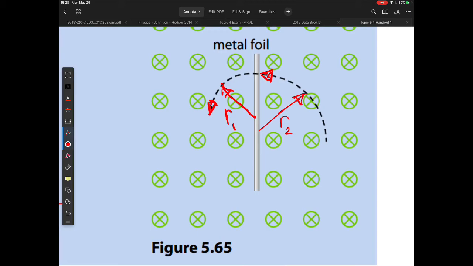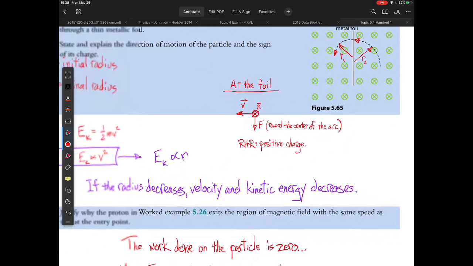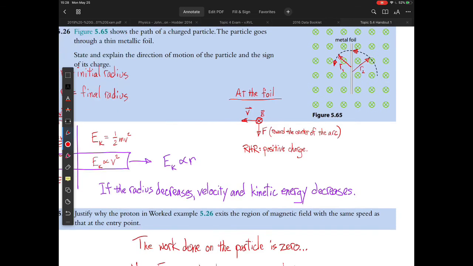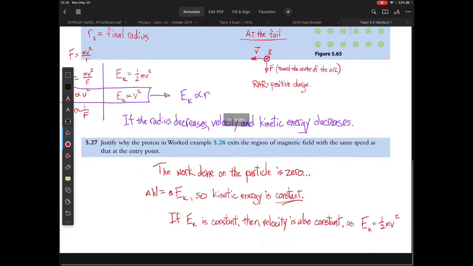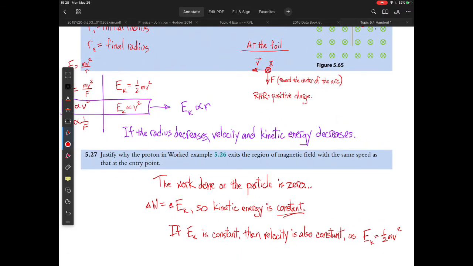So if our radius decreases, then kinetic energy is being lost. So what this tells us is that as our particle passes through the metal foil, some of its kinetic energy is lost. And that's what's happening.